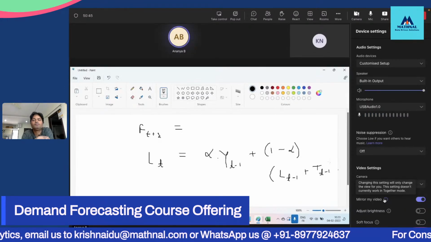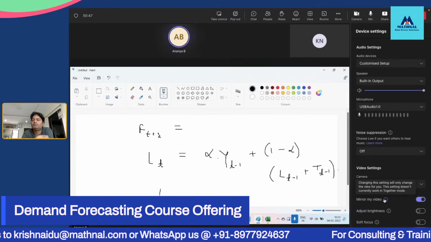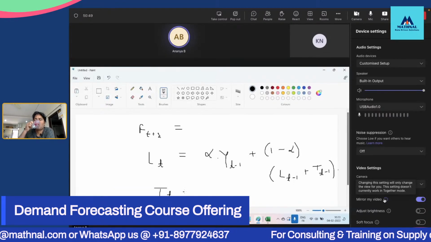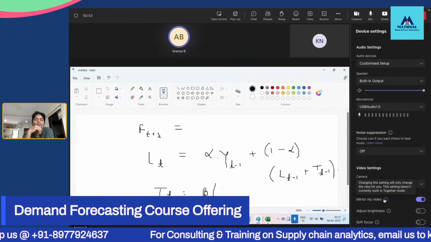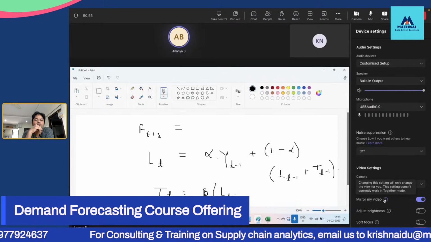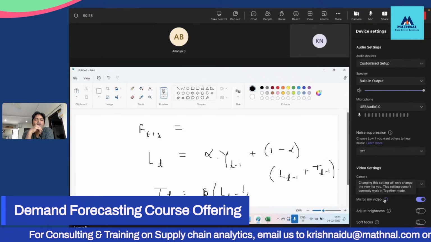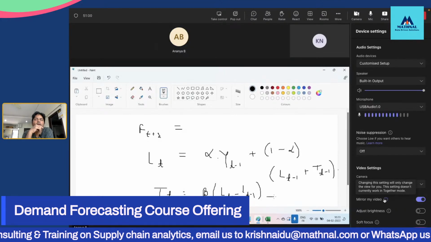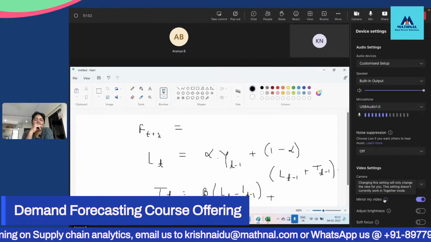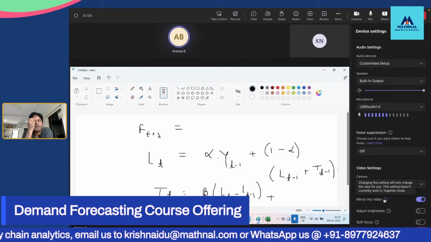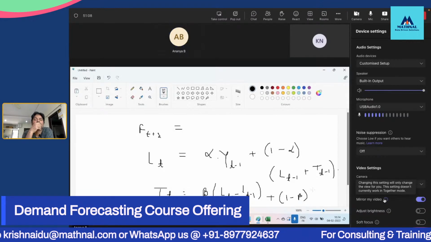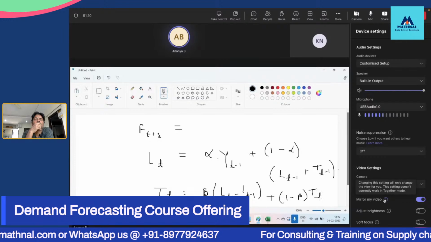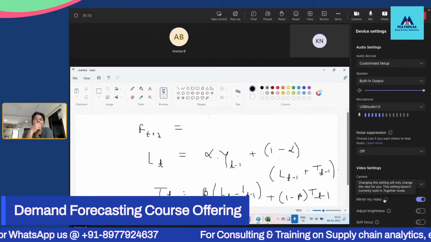And the trend was beta times the difference of the levels, LT minus L(T minus 1), plus (1 minus beta) times the previous trend.